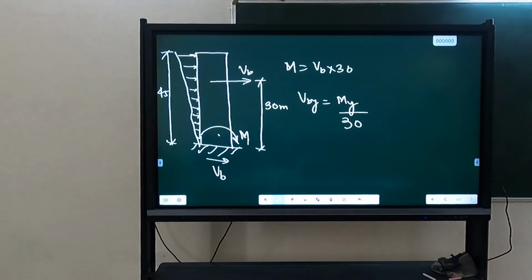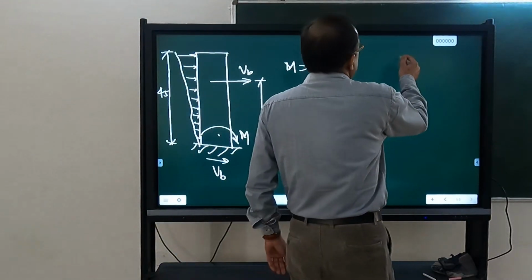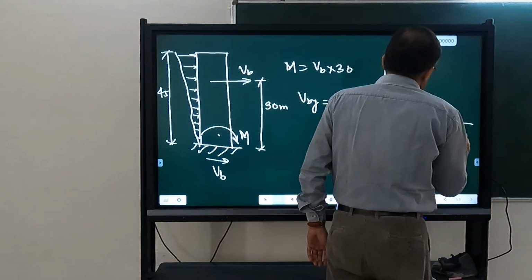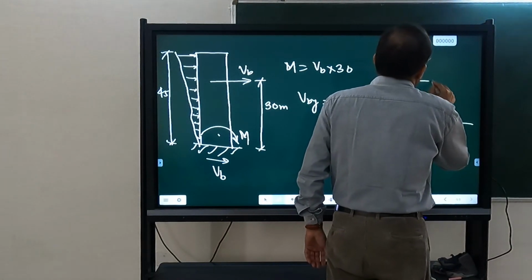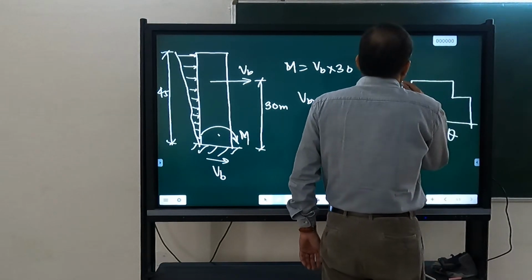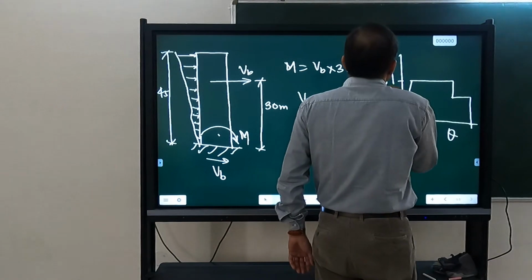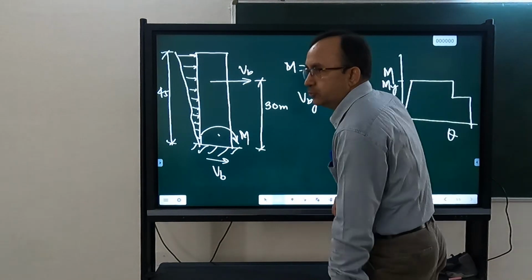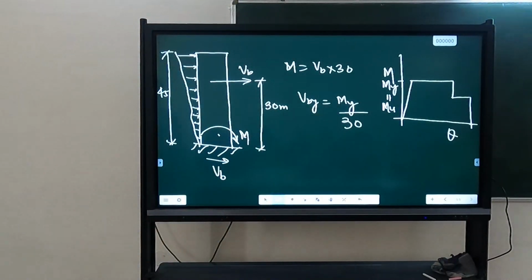And assume that the curve is like this, and My and Mu are the same. Let's assume that to simplify your calculation.